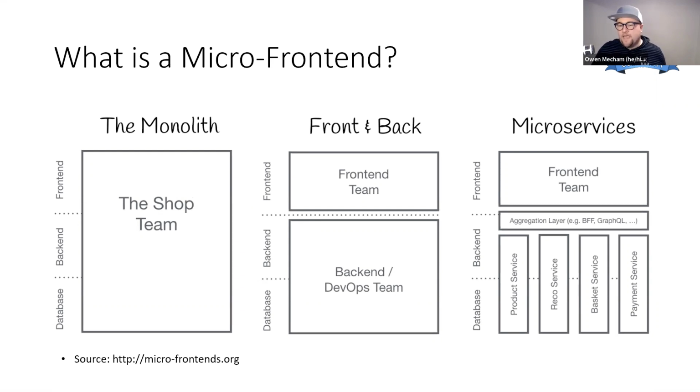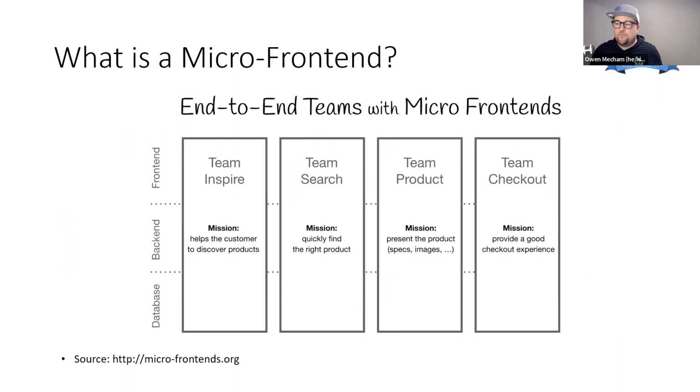And then as we get further along the line, we end up with, okay, microservices are now a thing. So let's have one big front end team with a BFF or something in the middle, but a whole bunch of different microservices. And what a lot of people came to the realization of was that teams are really effective when they can solve a problem from all the way from the front to the back and go through that cycle over and over.